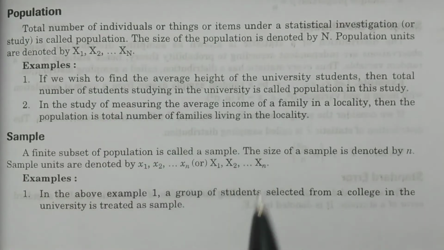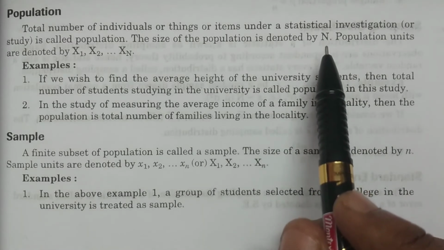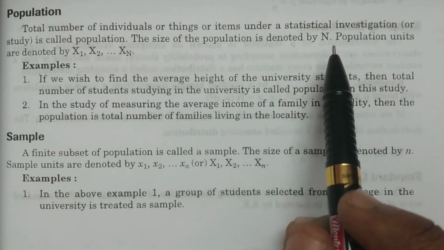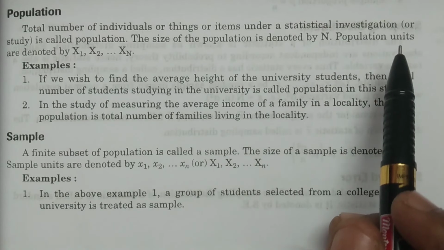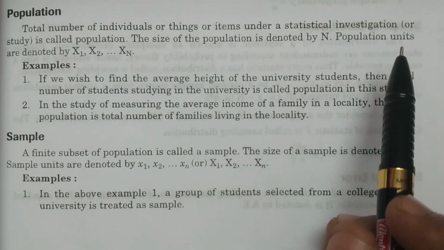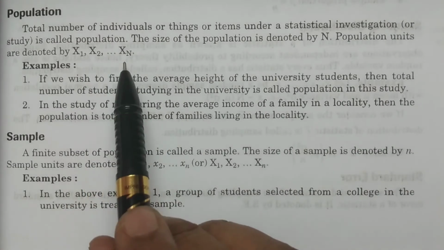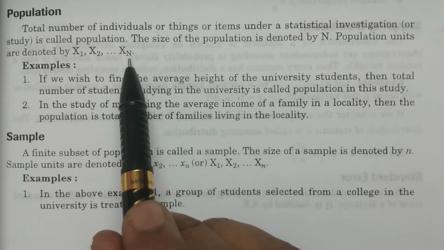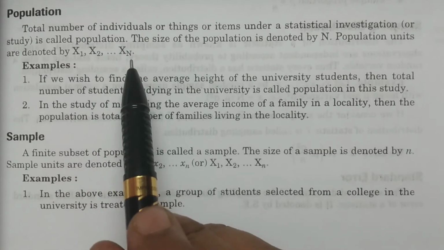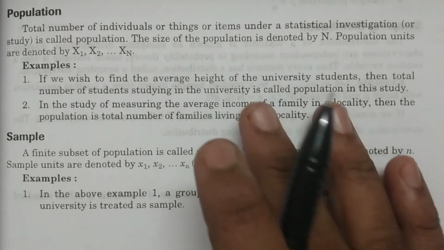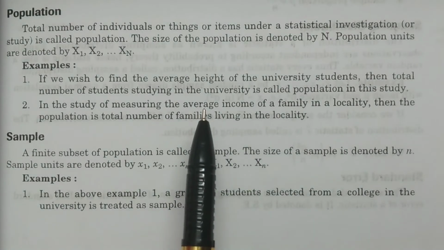The size of the population, that is the total number of units of population, is denoted by capital N. And the population units are denoted by capital X1, capital X2, up to capital Xn, all capital letters. So these are some notations and simple things in the population.